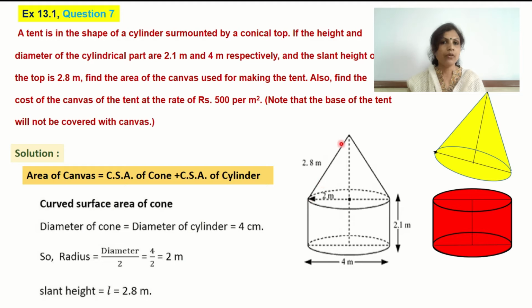So let's begin with finding the curved surface area of a cone. The diameter of the cone and the diameter of the cylinder will be equal, that is 4 meter. So the radius of the cone is 4 upon 2, that is 2 meter. Slant height is given to us as 2.8 meter.